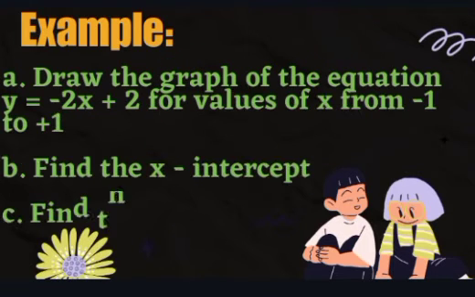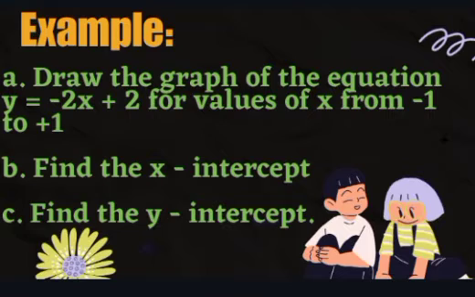Let's say, for example, you are expected to draw the graph of the equation y equal to minus 2x plus 2 for values of x from minus 1 to plus 1. Now, when we say for values of x from minus 1 to plus 1, we mean that you are expected to use different values of x. Remember that x is the independent variable.